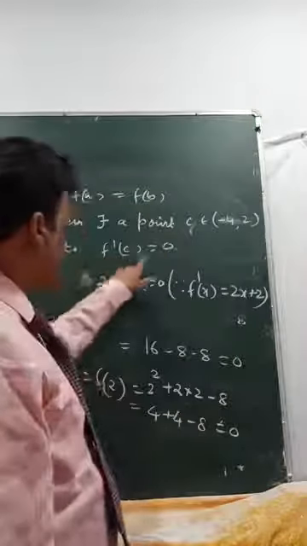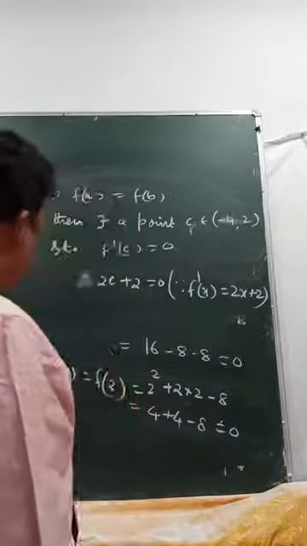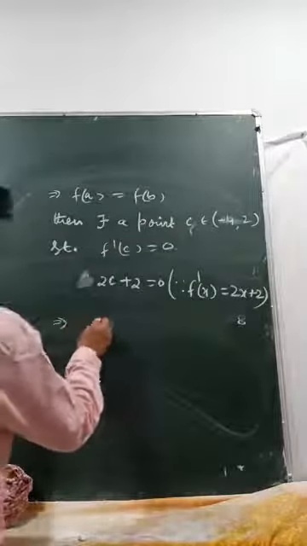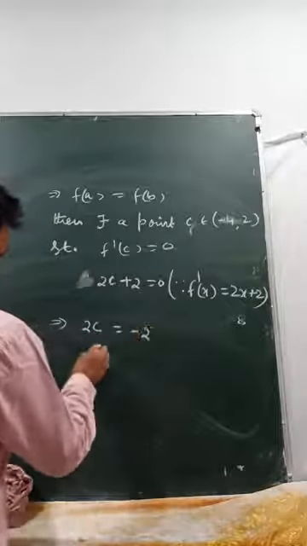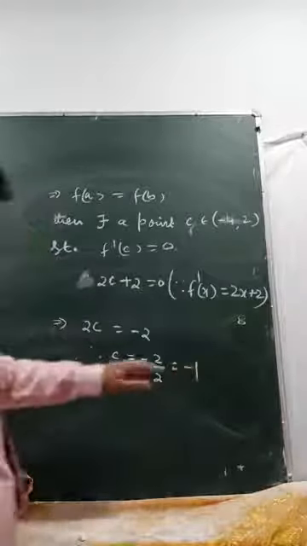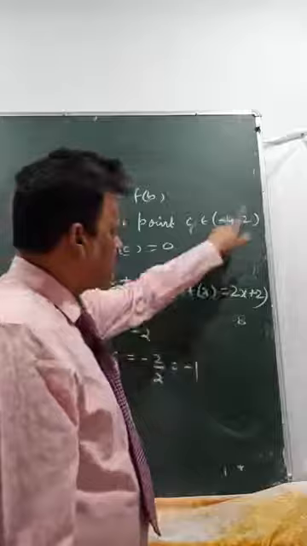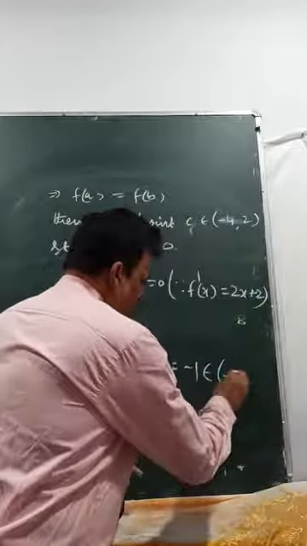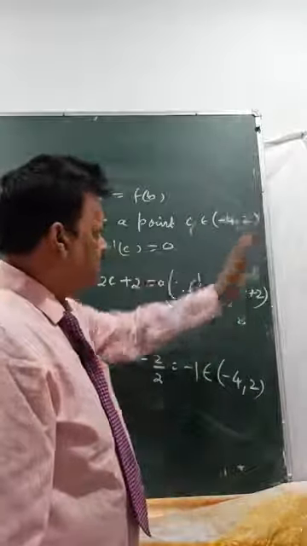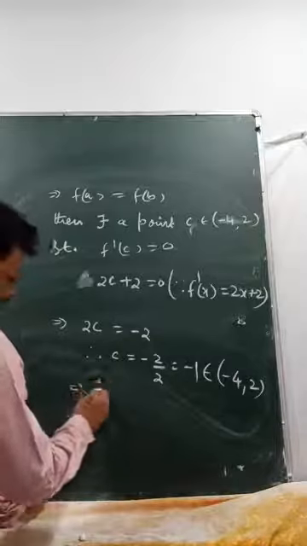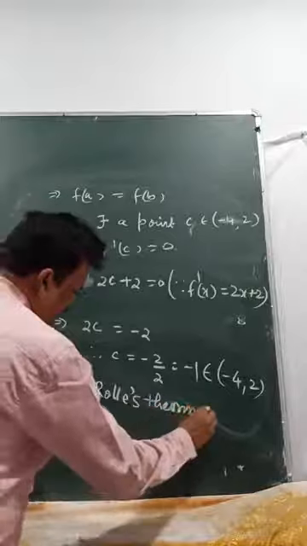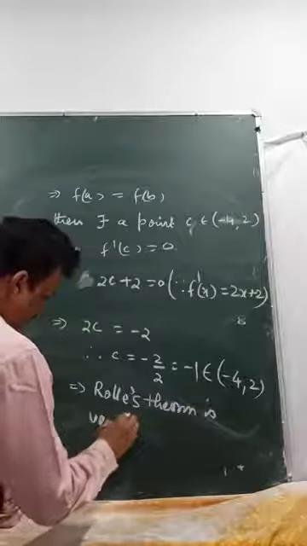So f dash c means just put c here. f dash c equals 0 means 2c plus 2 equals 0. Now you simplify, what will you get? Implies 2c equals minus 2. c equals minus 2 by 2, that is minus 1. Whether this minus 1 is between this or not? Yes, minus 1 belongs to minus 4 and 2. Implies Rolle's theorem is verified.